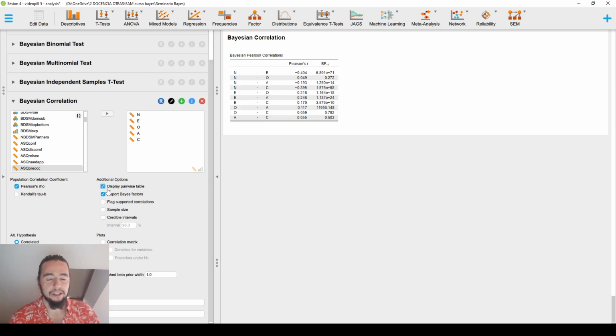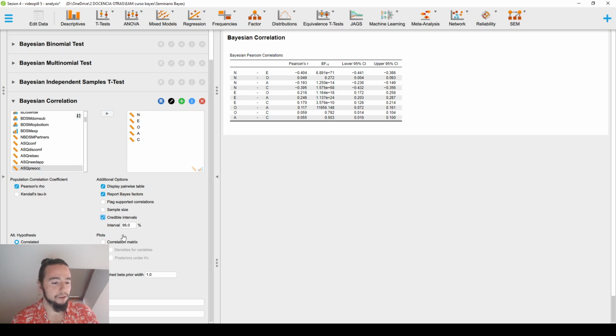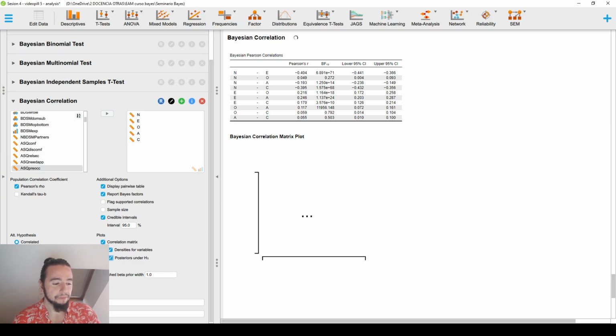And you can also show it as pairwise. You can use these three-star systems that are over here, but I wouldn't recommend it because, you know, that's not a very Bayesian way of thinking, unless you have a lot of correlations that you need to filter. You can also ask for credible intervals if you like, and you can plot them as a correlation matrix with posteriors and densities.